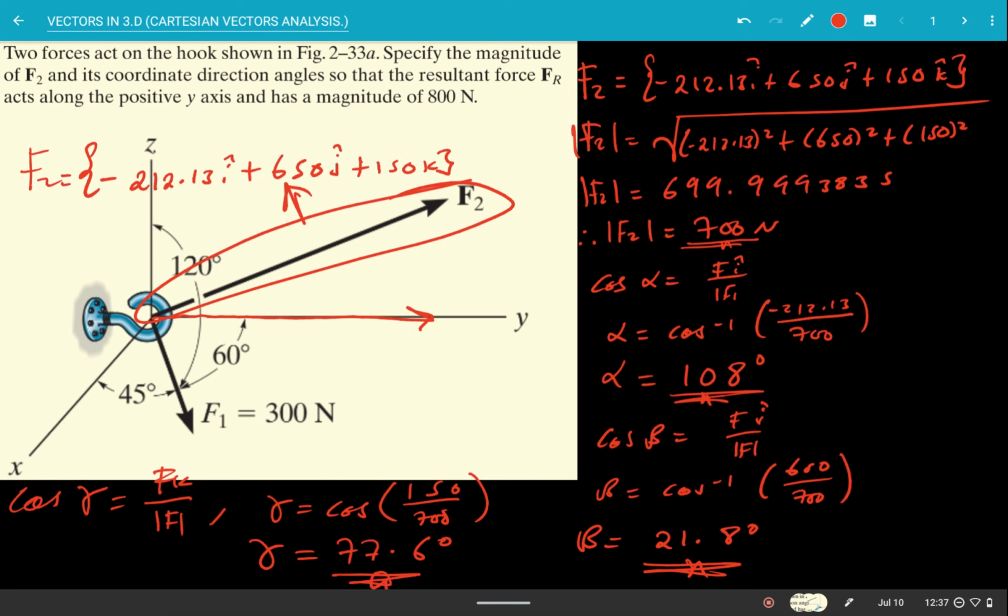I'm skipping some steps because you can just punch them in quickly, and I'm just rounding them off. All right, that's that. So we have found one of the components that we never knew just by having the resultant value and one of the components given some coordinate directions of that particular component. We have managed to find this unknown component.